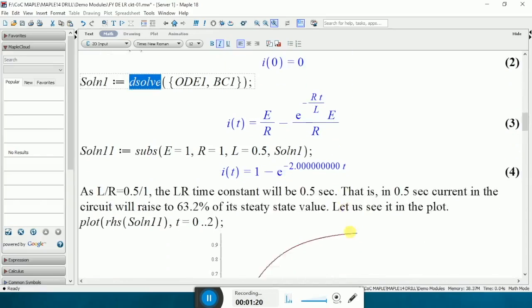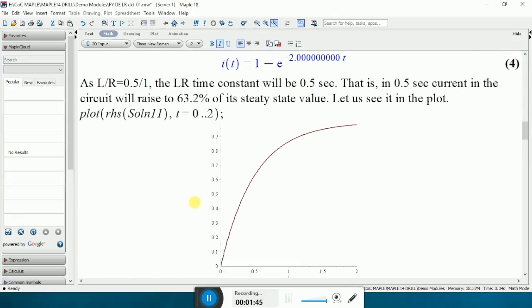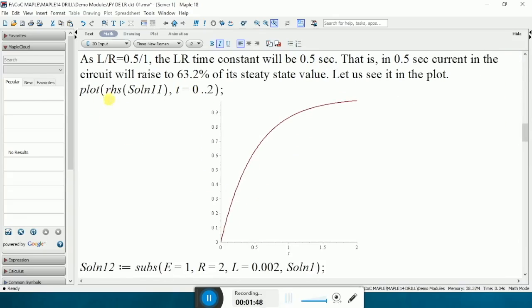As we have discussed, E equal to 1, R equal to 1, L equal to 0.5 Henry. Here the solution takes this form, and by definition L upon R is 0.5 upon 1. So it will take only 0.5 seconds for the current to rise to 63.2% of its steady state value, and we plot the right hand side of solution 1 1.